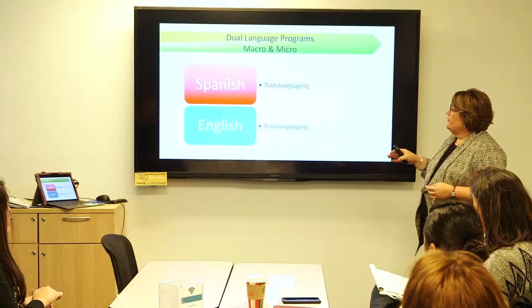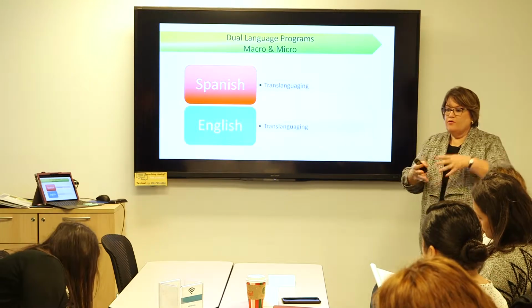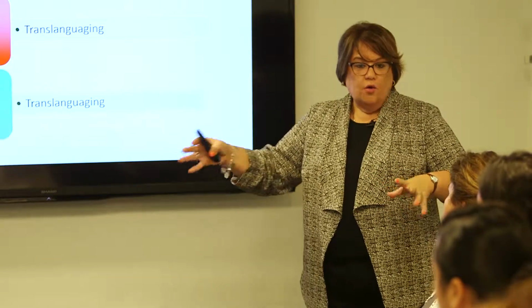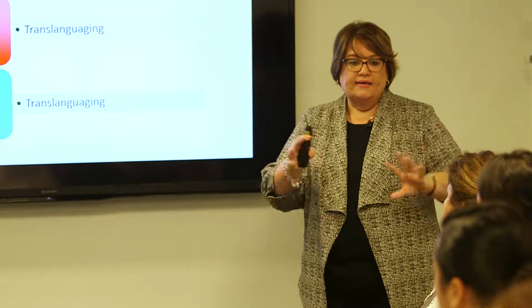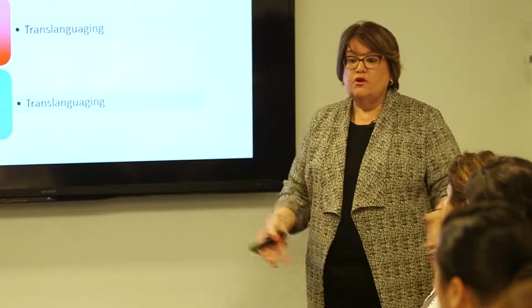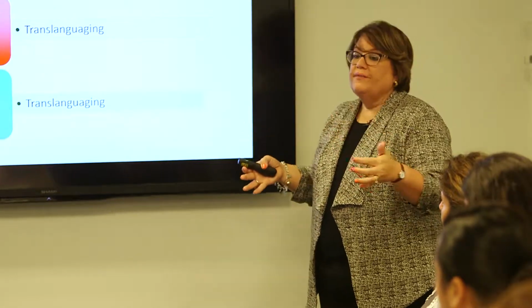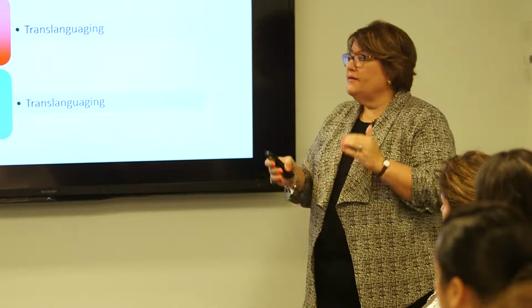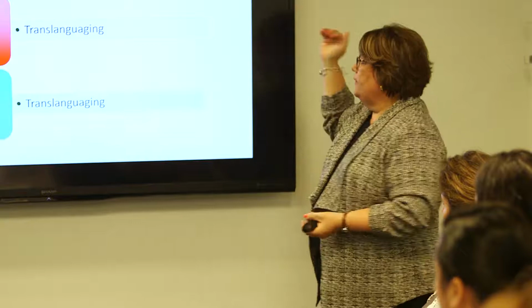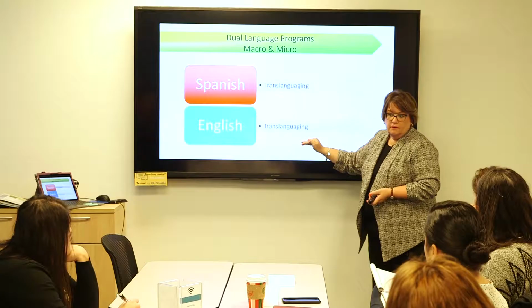Again, here you'll see that in our dual language programs, we're going to have those macro spaces of English and Spanish, right? We all have them. Whatever your program design, a day and a day, a 50-50, an 80-20, you have spaces for Spanish instruction and you have spaces for English instruction. We're not moving away from that. What we're saying is that through those big macro spaces, there could be opportunities for translanguaging, okay?